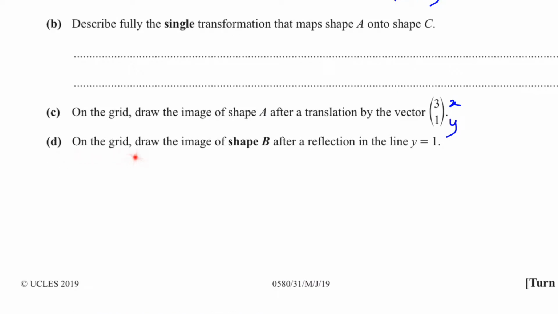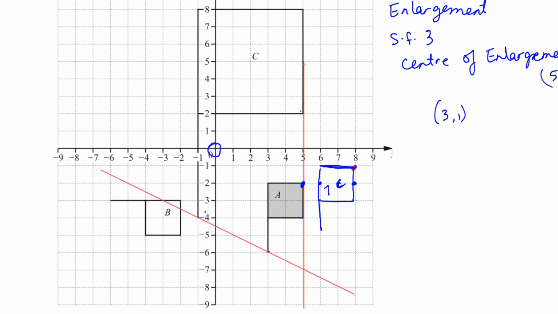D. On the grid, draw the image of shape B after a reflection in the line y is equal to 1. So y is equal to 1 is here, and we have to reflect the shape B in that line. Let's just draw the line y is equal to 1. It's here.